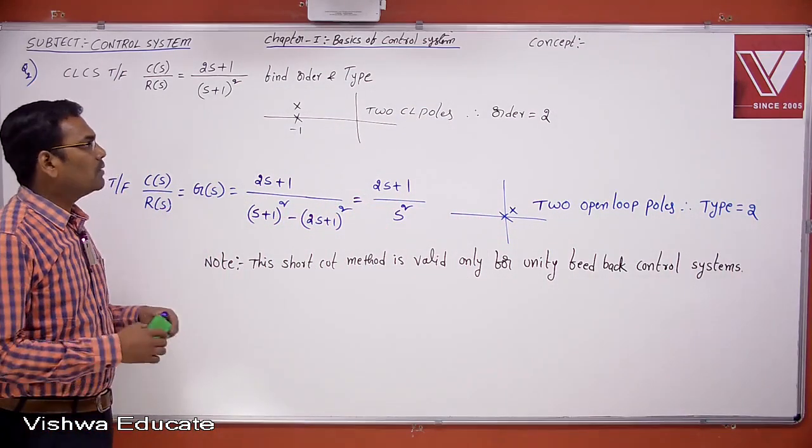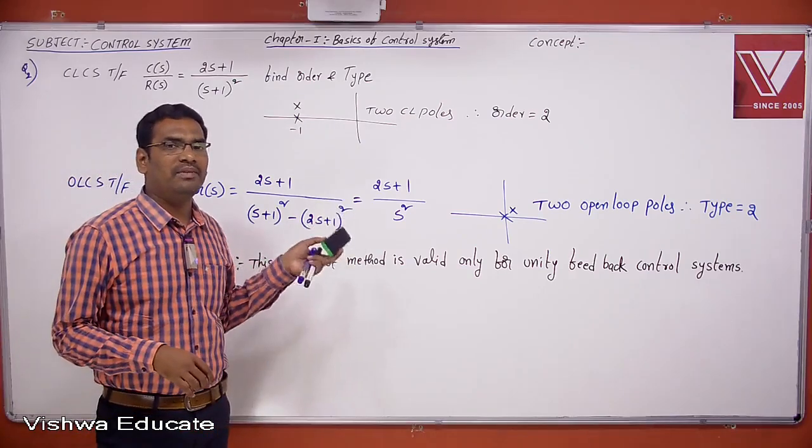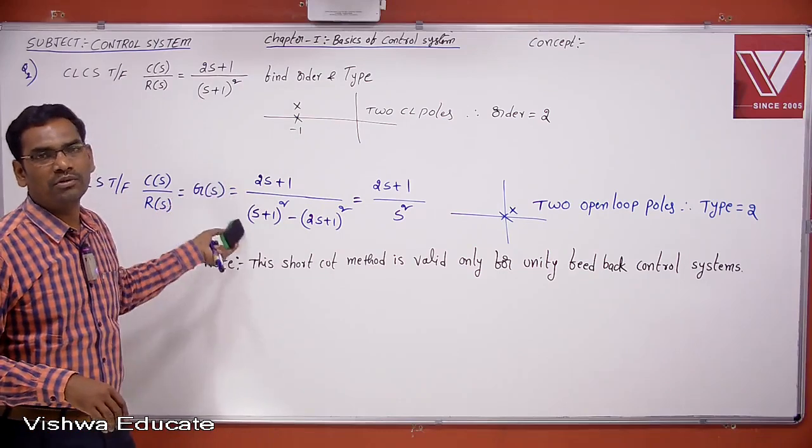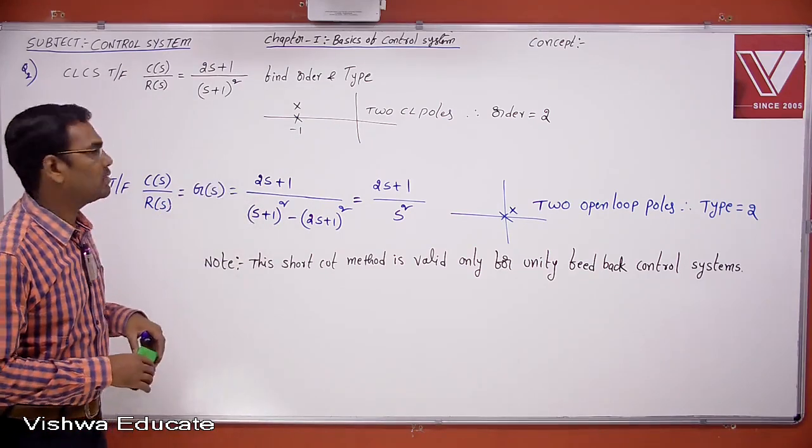Okay, so like that, the concept is how to find the type and order, and how to convert open loop to closed loop and closed loop to open loop, you just observe.